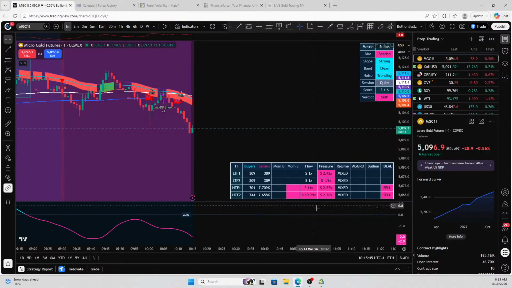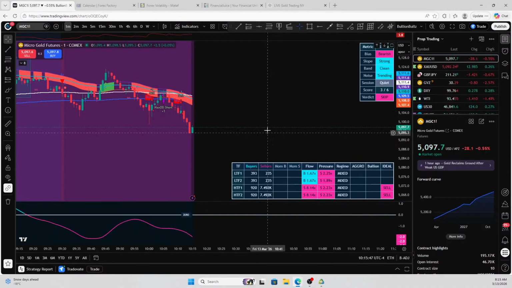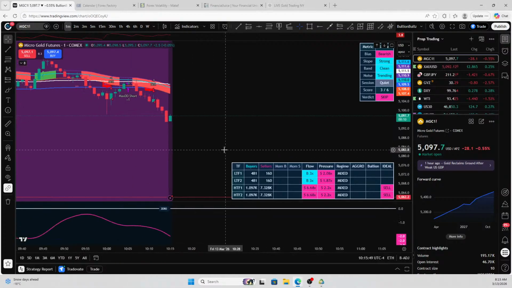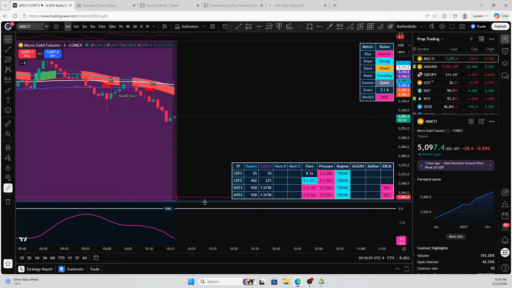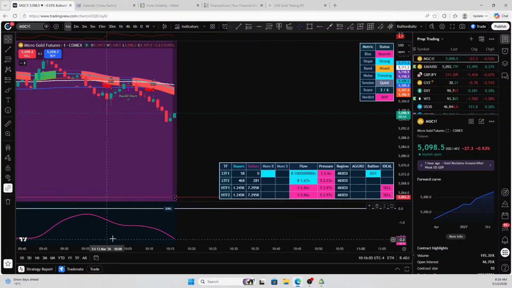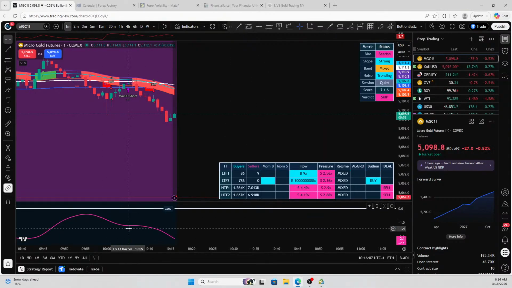This is above 2 now, so now we are waiting for our setups to form. So this is 3 now, 2.97.